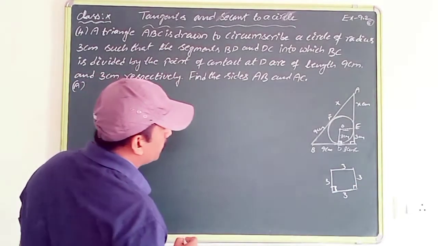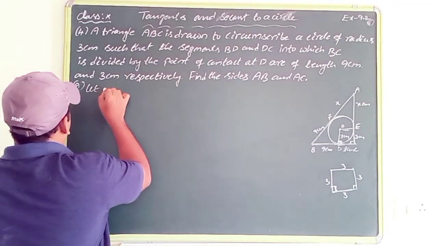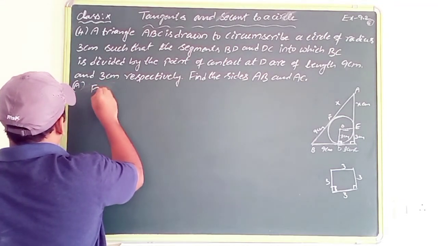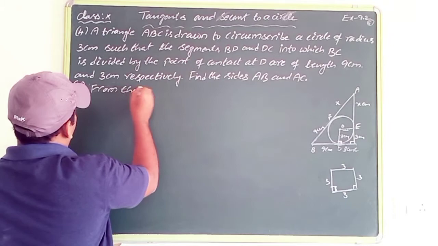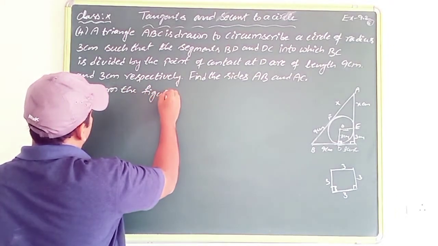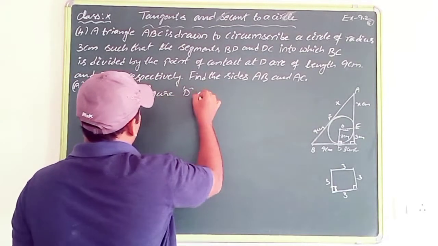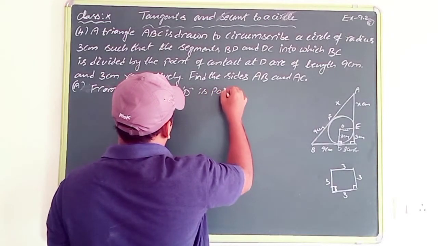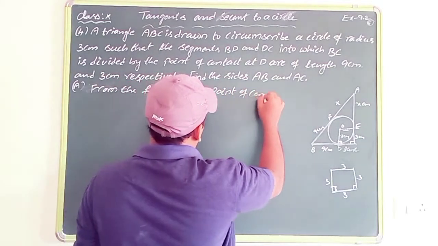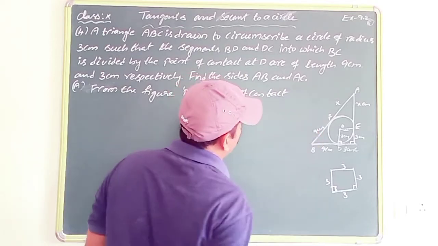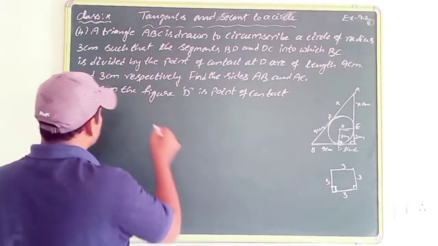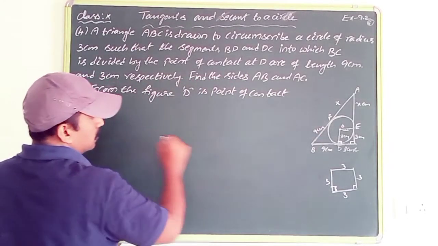So how can we write it? The solution I am going to take. From the figure, D is the point of contact. So therefore this is BC, right?